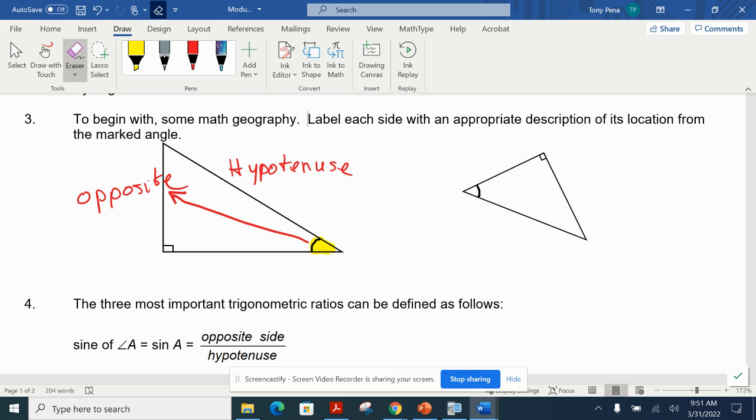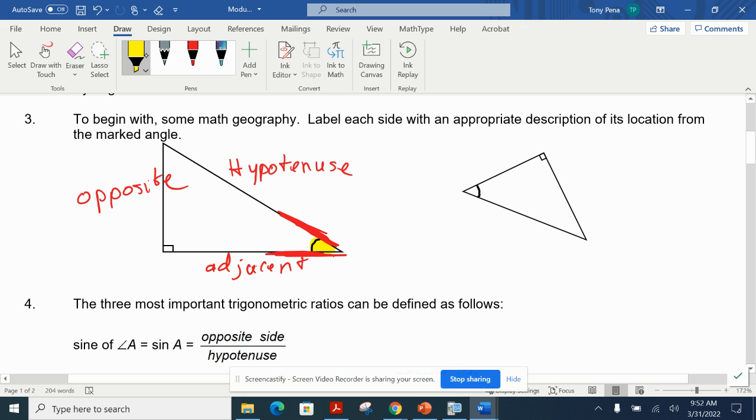And then when we look at this angle here, there are 2 sides we talked yesterday that are adjacent to this angle. This side here and this side here, both of them border that angle. The one that we call the adjacent side is the one that's not the hypotenuse. We've already labeled this one, so it is the other one that we call the adjacent side. All right. So with that, real quick, label the 3 words on that second triangle. So if this is now our reference angle, label those 3 sides real quick.